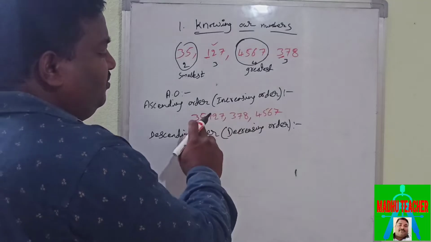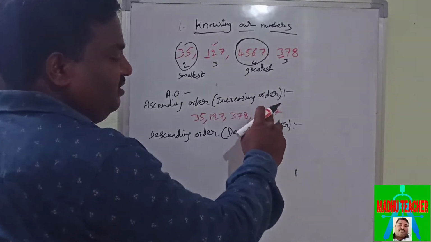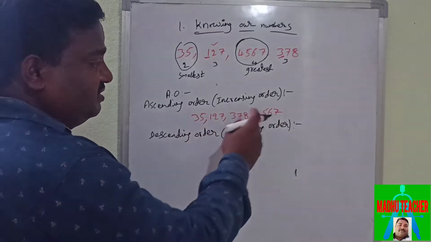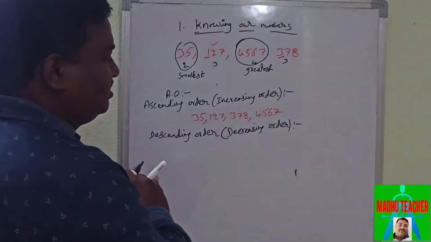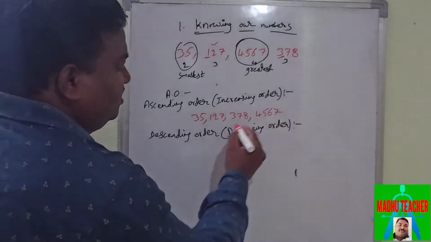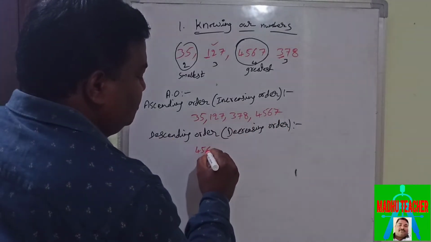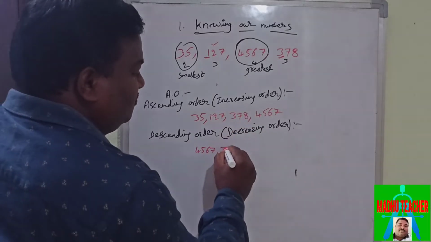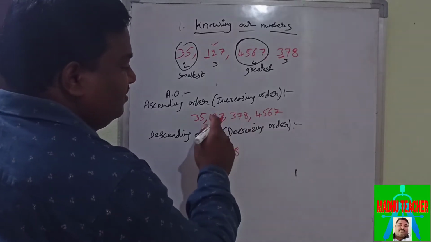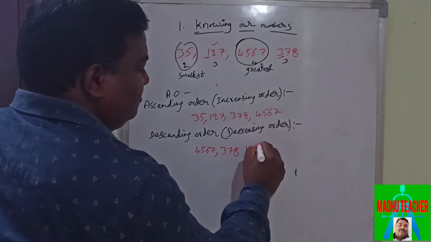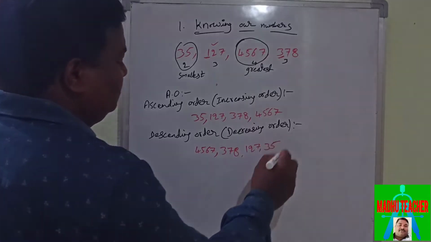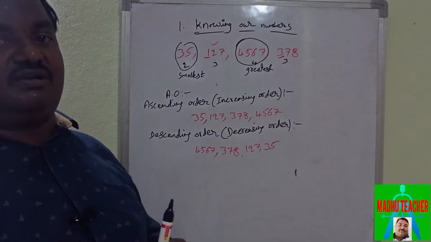We already wrote small to great, so now you write the reverse. The greatest number is 4567, then 378, next 127 and 35. This is the descending order.